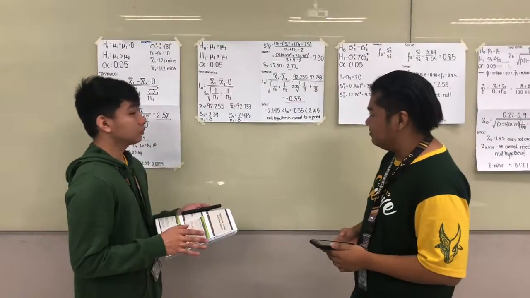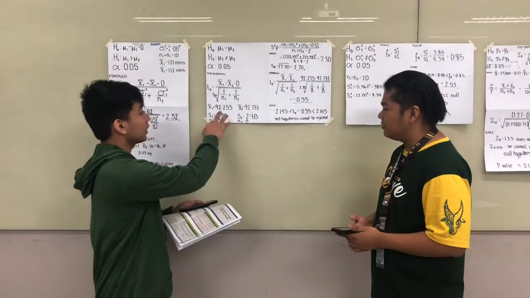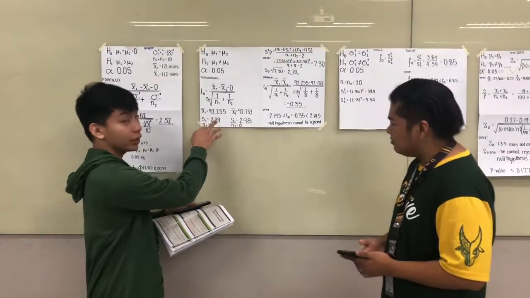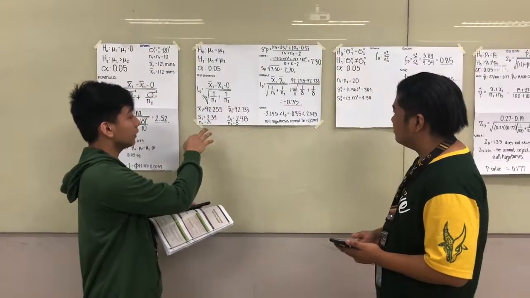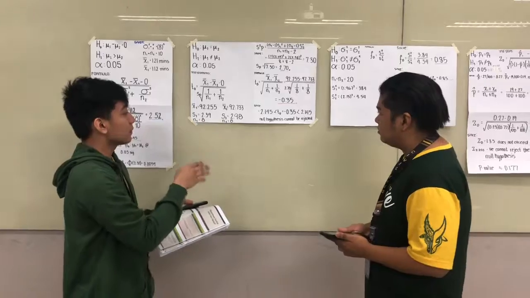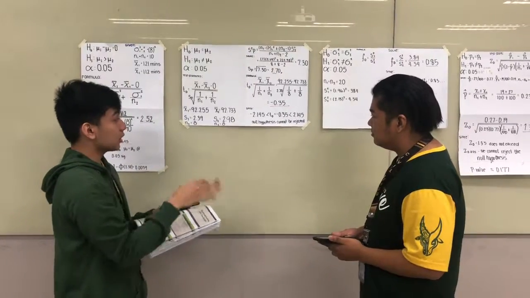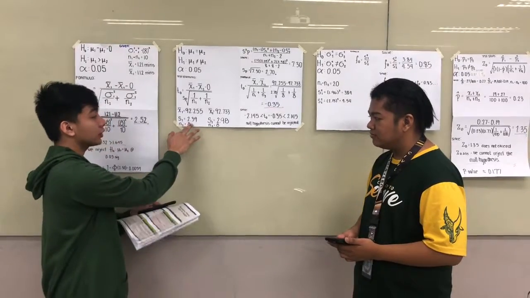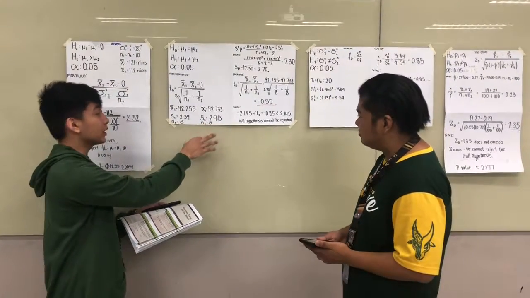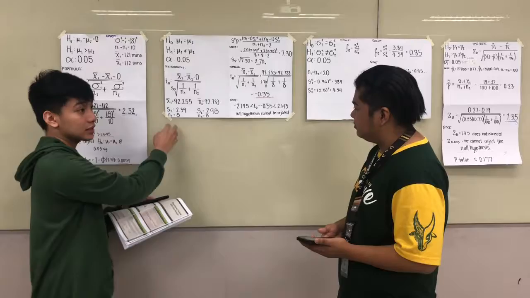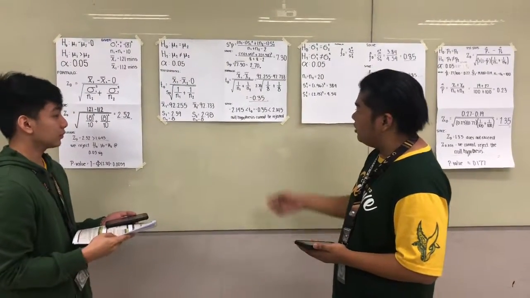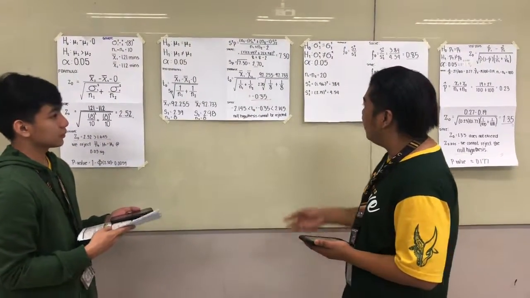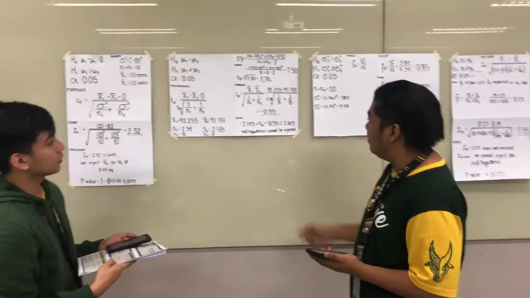So given the values as 92.255, and for the second set, the population mean 92.733. The S1 is 2.39, S2 is 2.98. So we already finished with that, and now we are ready to derive to get our answer.